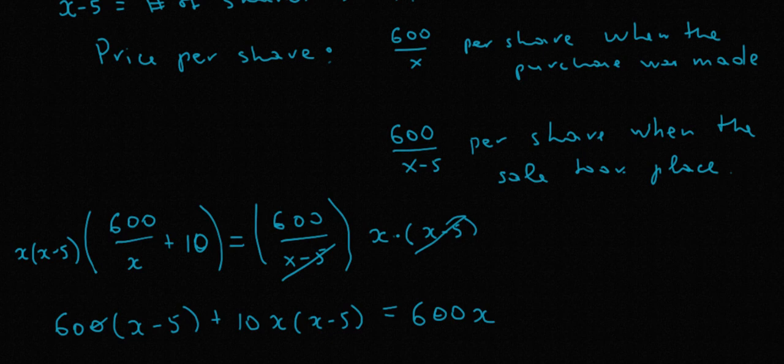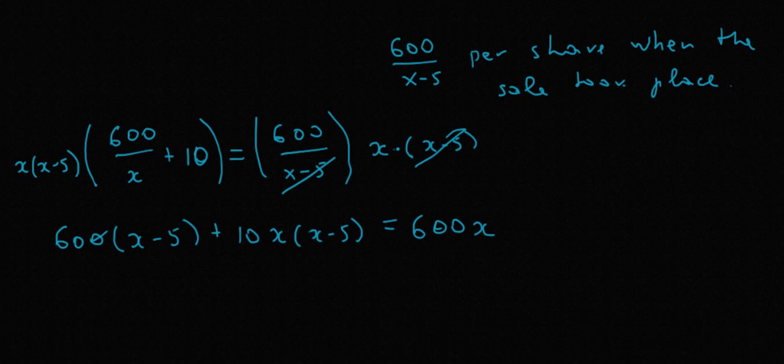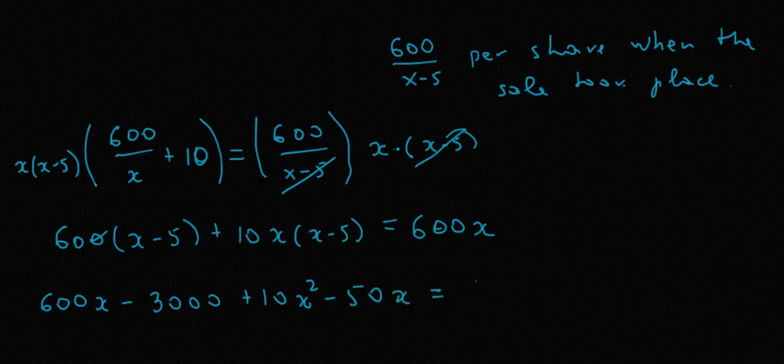Okay, now next let's multiply everything out and collect similar terms, make cancellations for the terms that cancel. On the left hand side, we have 600x minus 3000 plus 10x squared minus 50x equals 600x.